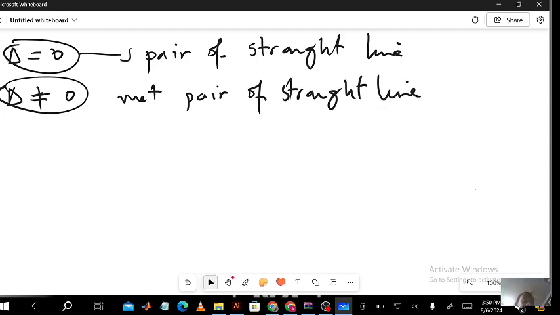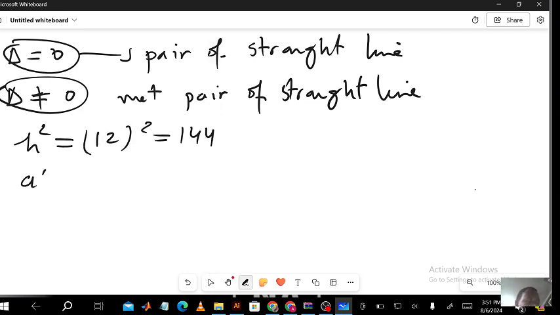Okay. Now, if it is not a pair of straight lines, what is the curve? Is it an ellipse? Is it a parabola? Is it a hyperbola? Now we know how to determine it. Let's compare h squared. H squared is going to be equal to 12 squared, which equals 144. Let's compare ab. ab is going to be equal to 36 multiplied by 29.